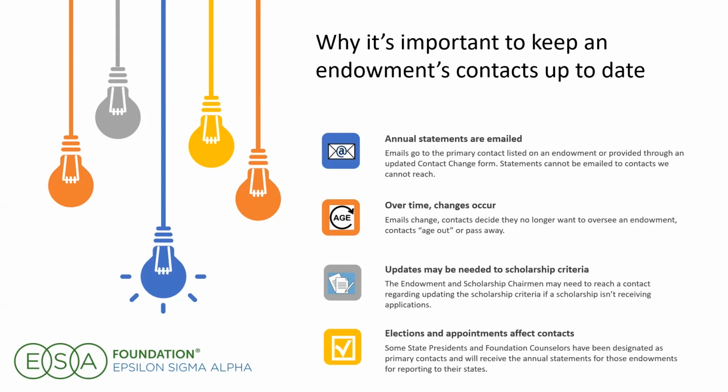And then the last one is elections and appointments that affect contacts, because some state presidents and foundation counselors are designated as the primary contacts. And so they receive those annual statements so that they can report to their states. These are generally updated every summer, so it's important that we have those at the beginning of what we consider our sorority year in September.